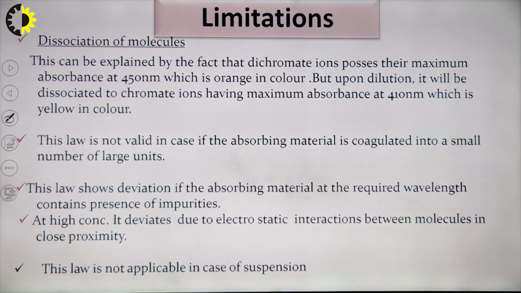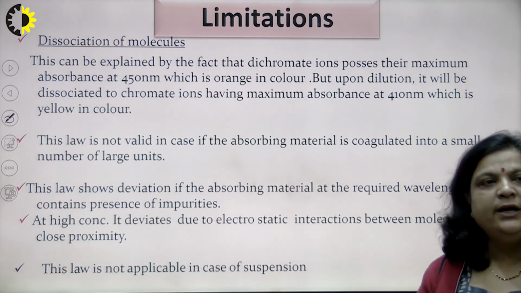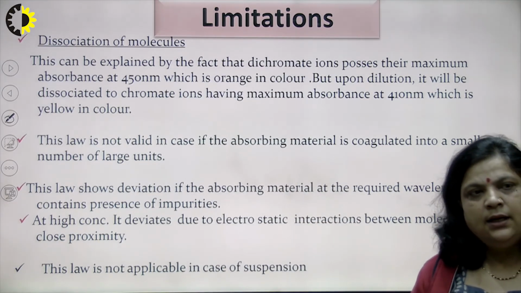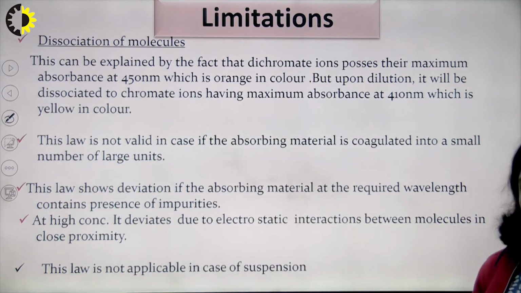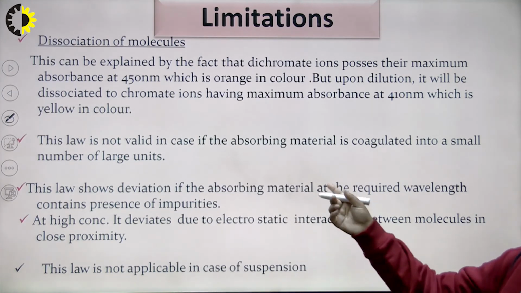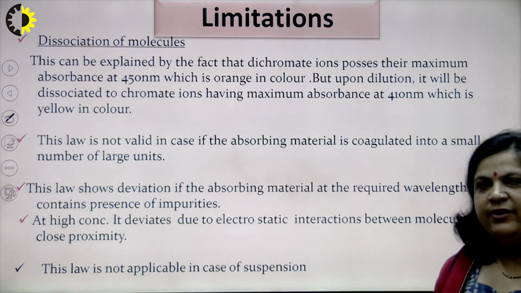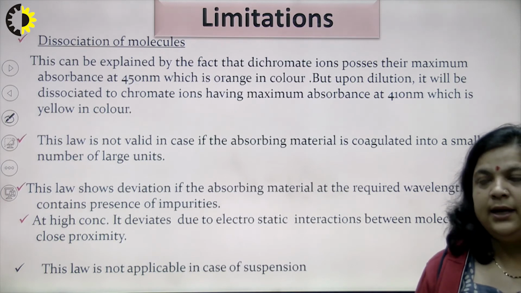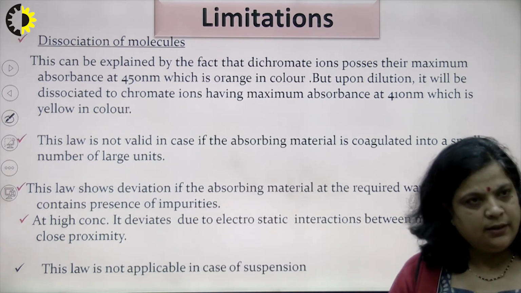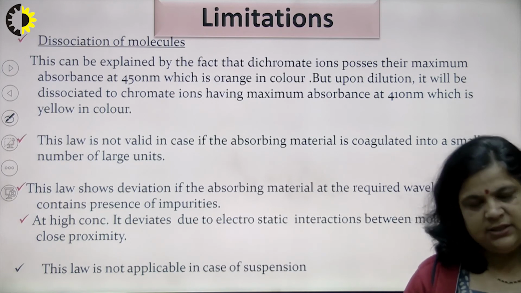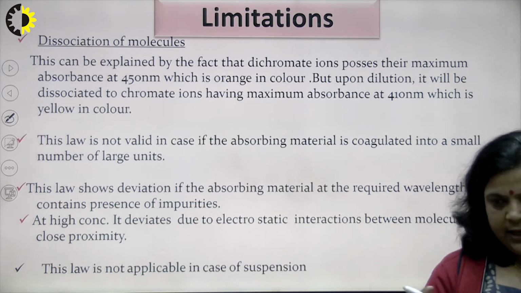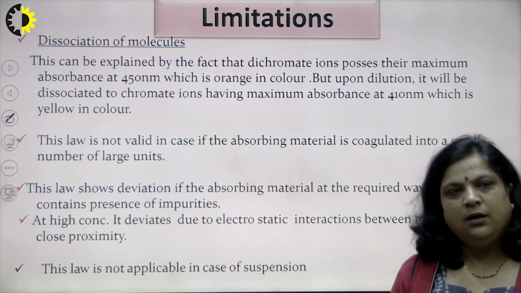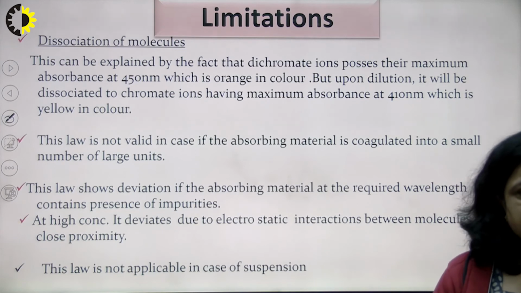This law is not valid in case the absorbing material is coagulated in a small number of large units. Third, this law shows deviation if the absorbing material at the required wavelength possesses some impurities, like benzene in commercial ethanol. In this type of situation, this law may deviate because of the absorption maxima shown by benzene.